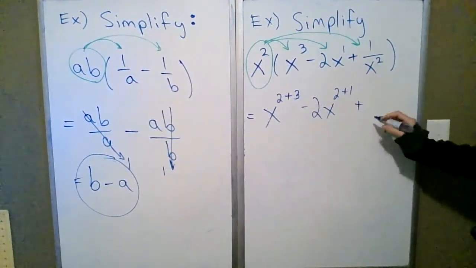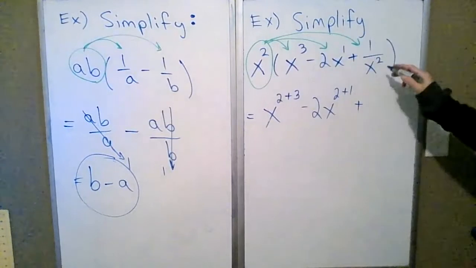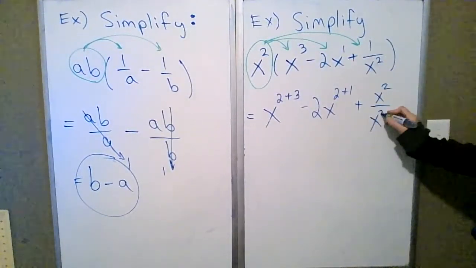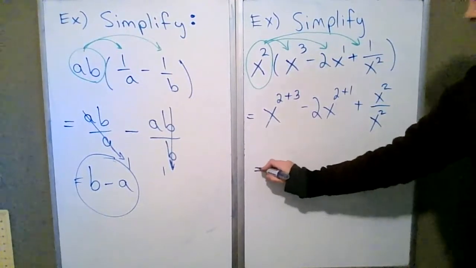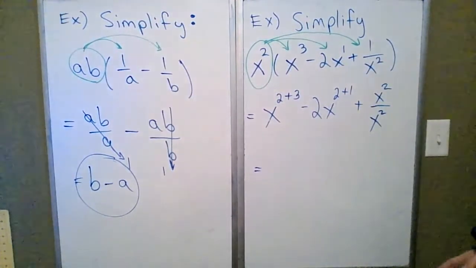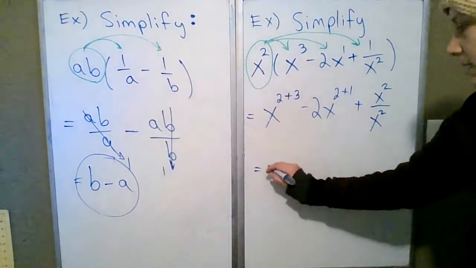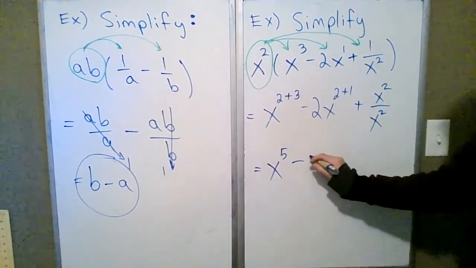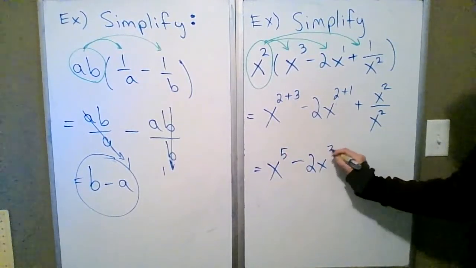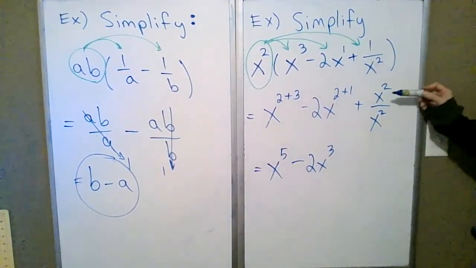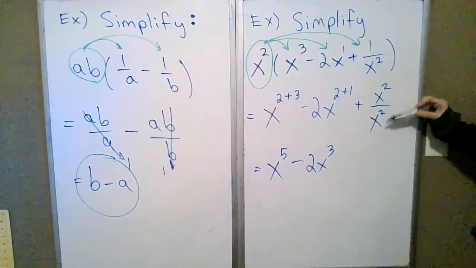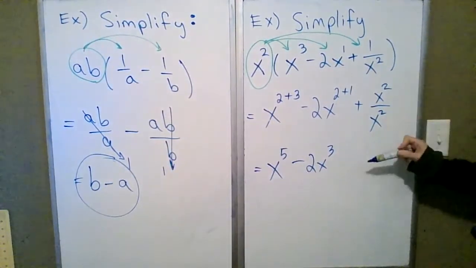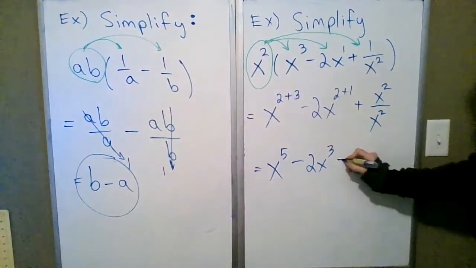And this one I'm just going to write as x squared times 1 over x squared. First term is x to the 5th. Then subtract 2x cubed. And you can look at this as a number over itself, or you can do x with the power of 2 minus 2. X to the 0 is 1. Either way, this is a plus 1.